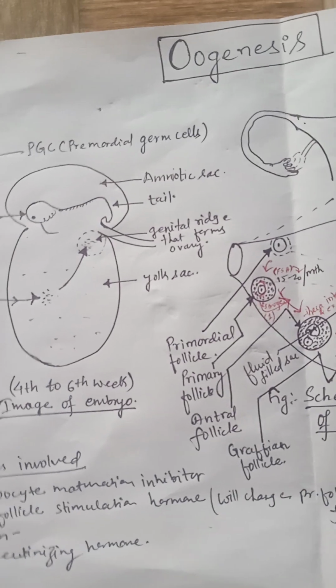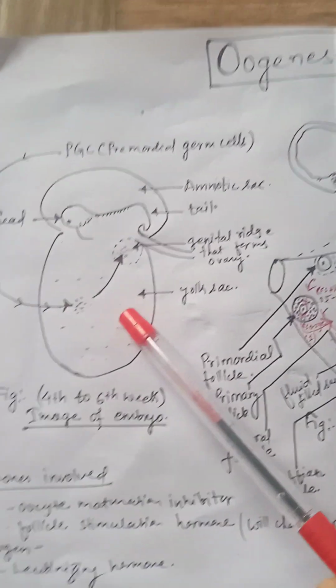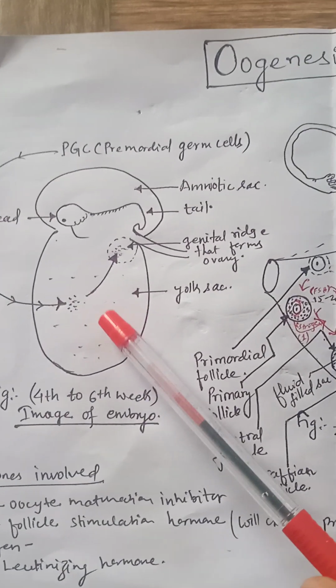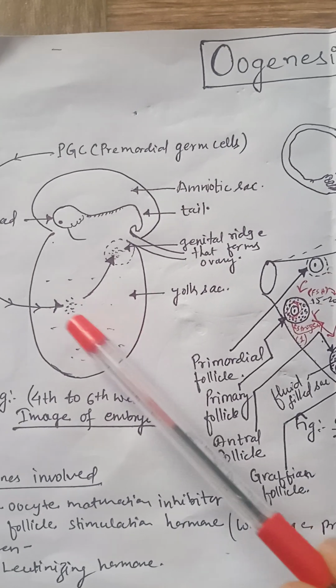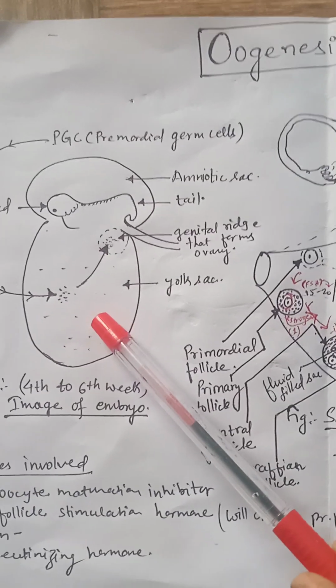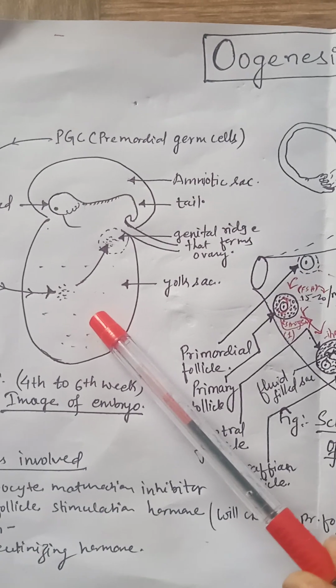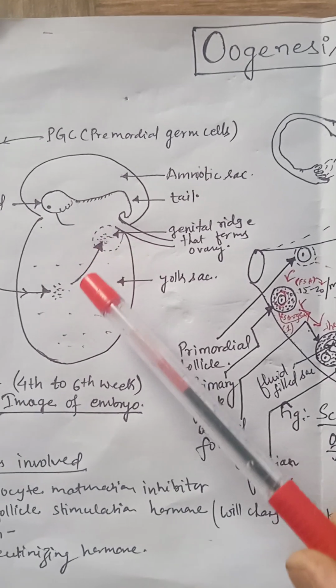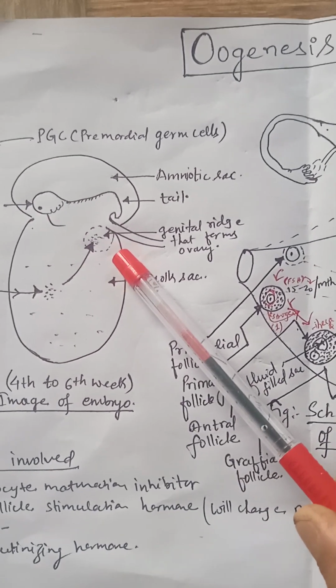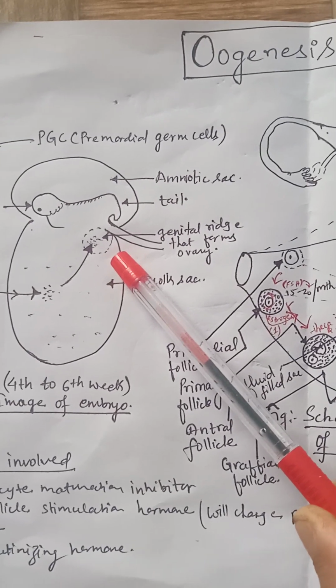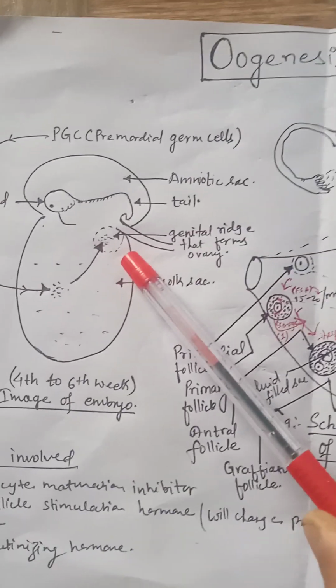Now during that stage, one thing is missing right here. The primordial germ cells, after repeated division, move into the genital ridge when the embryo is right at the 6th week, or let's say the completion of the 6th week.